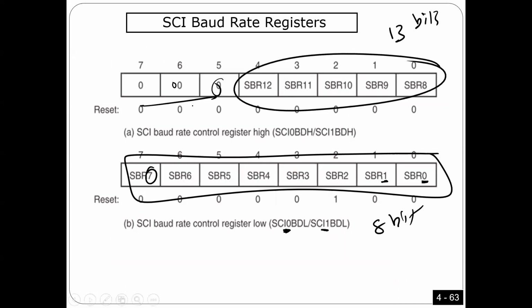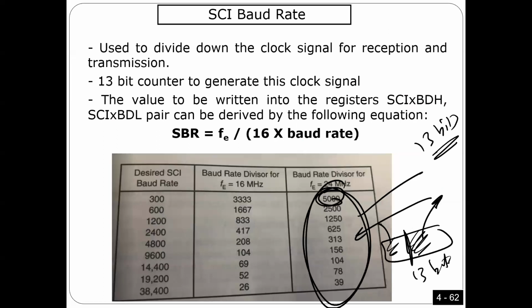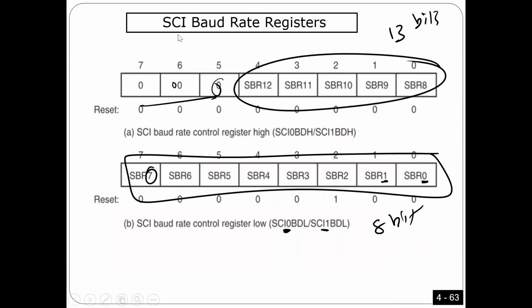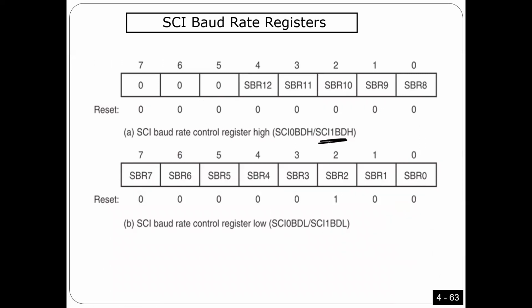So number one, if you want to program the bit rate, you have to come up with a number using this table and this equation, and then write this number in two registers here. What is the name of these registers? This is the first one, and this is the second one. Any questions?